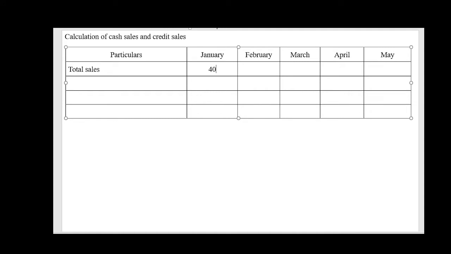January sales is 40,000. February sales is 45,000. March sales is 55,000. April sales is 60,000 and May sales is 50,000.